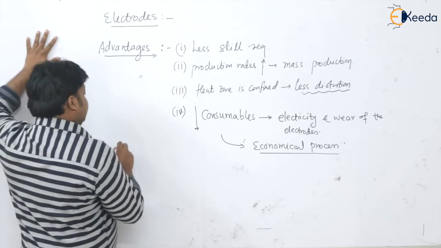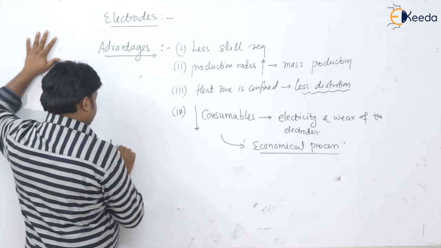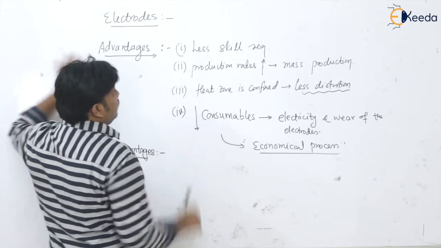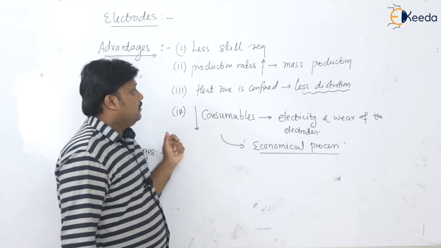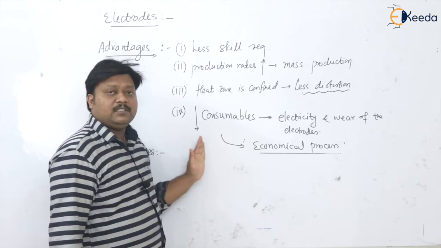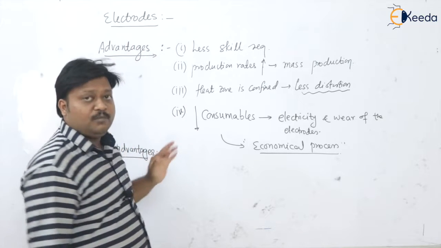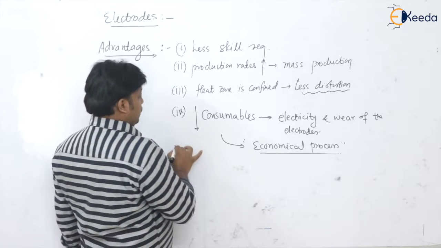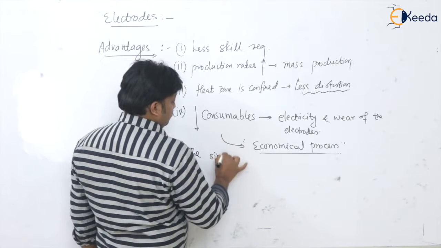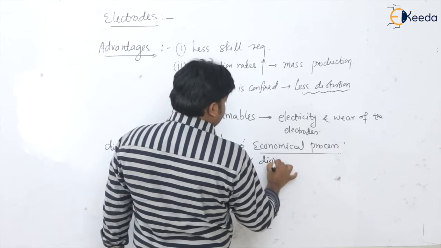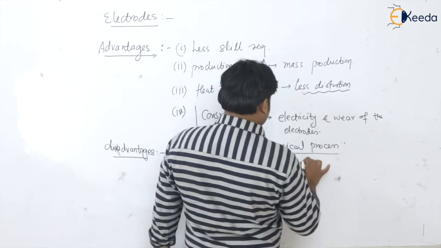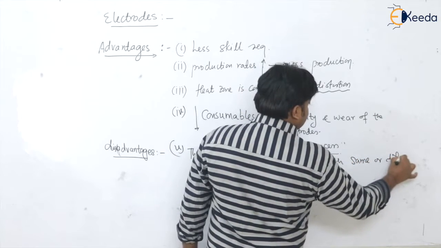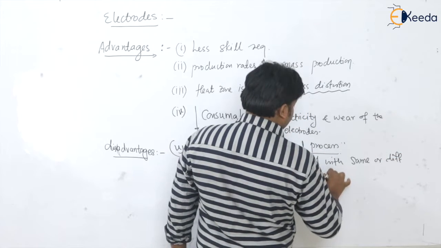Now if we look at the limitations or disadvantages, and of course one very important advantage I already talked about in the early discussion of resistance welding: similar or dissimilar materials with the same or different thicknesses can be joined.